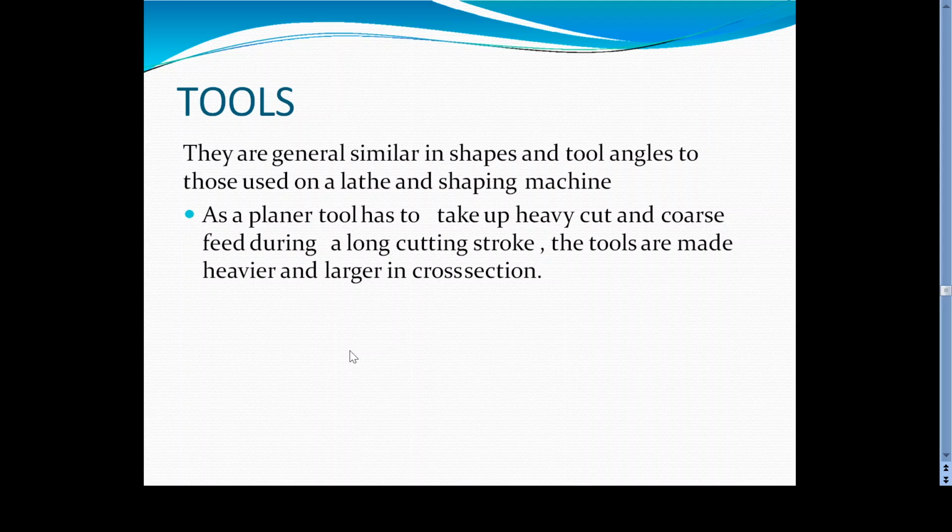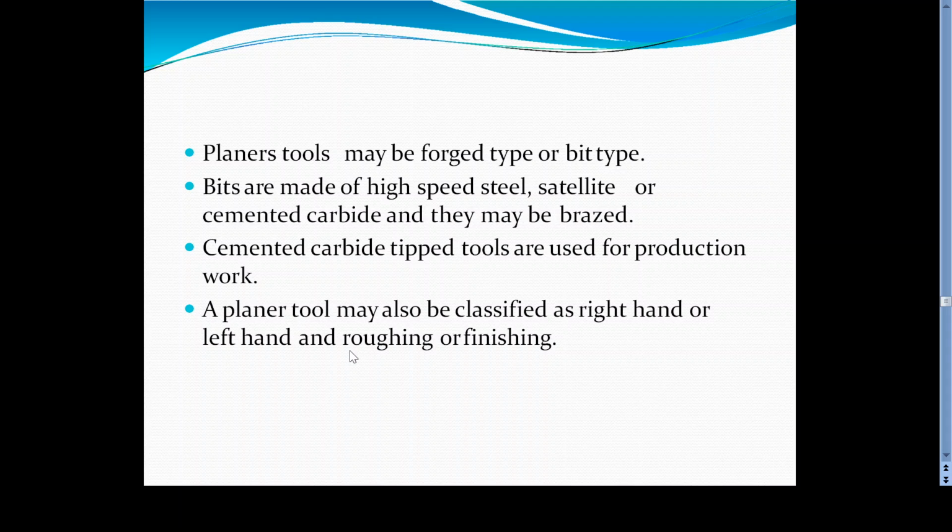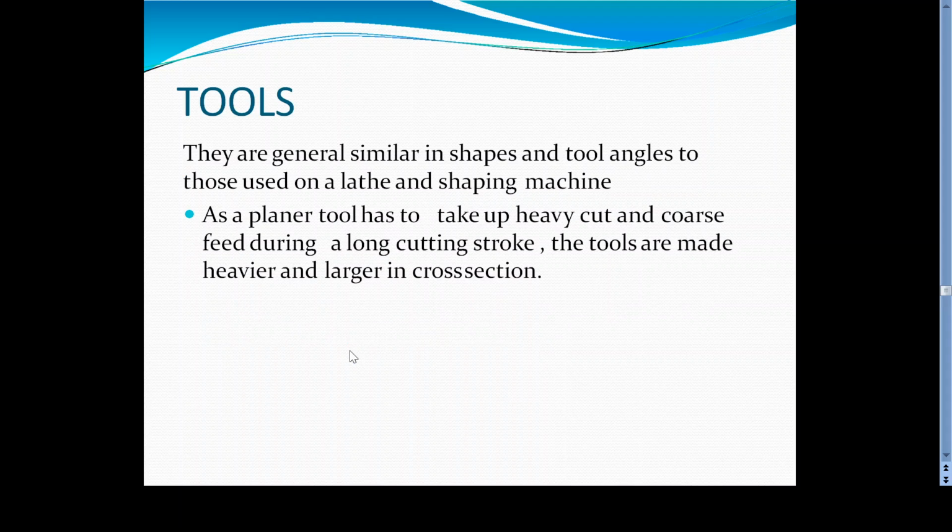Tools used are similar to the tools used in the shaper machine. As a planer tool has to take a heavy cut, machining large components with a large metal removal rate, it has to carry a heavy load, so it should be very strong.